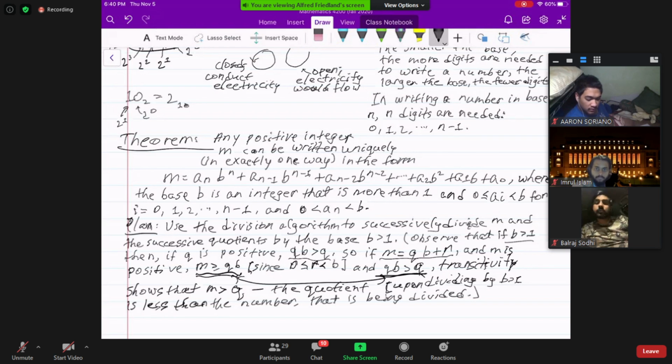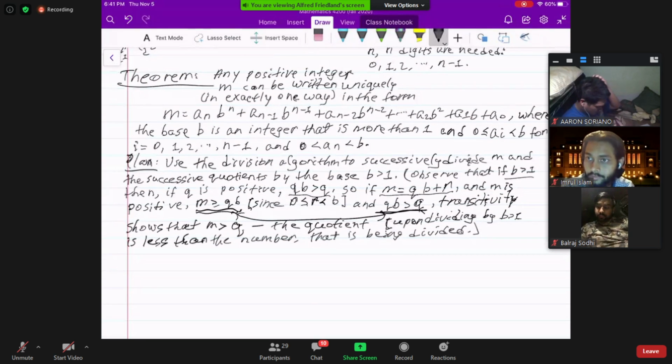So that's what we're observing. So if we keep on dividing by b, the quotients get smaller and smaller.